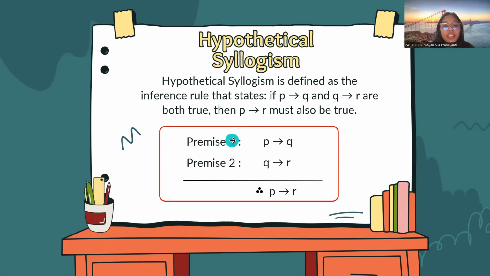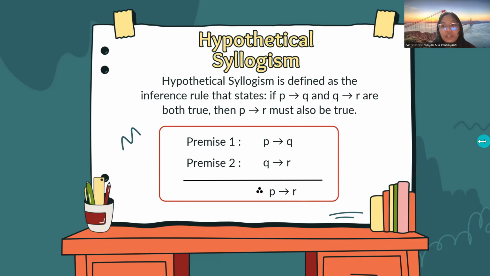In other words, if P leads to Q, and Q leads to R, then P leads all the way to R. This is a chain of implication. The middle term Q links the two premises, and we can skip over it and connect P directly to R.